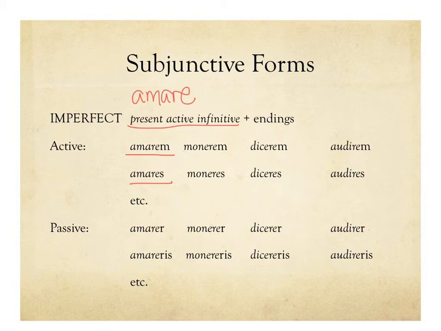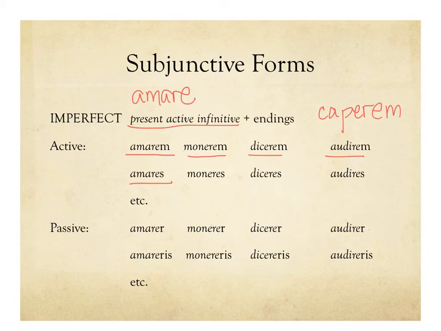And you can see that that's true for all of these forms. So we'll use monere for the second, dicere for the third, audire for the fourth. And for third io, right, capio would be capere, so it would be caperem, right? Just take that second principal part and add your endings to it.